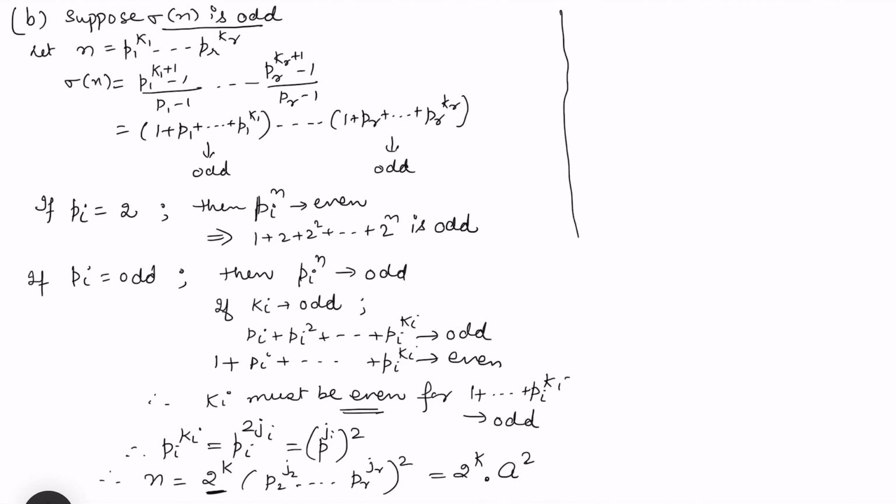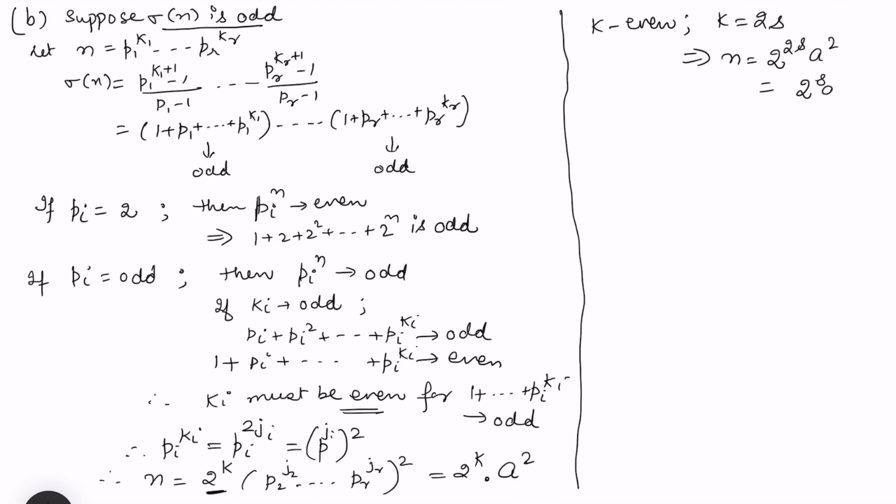Now further we see what is the condition on k. If k is even, k is 2s. So this implies n is nothing but 2 to the power 2s times a squared. This means it is 2 to the power s times a, whole squared. So it becomes again a perfect square.